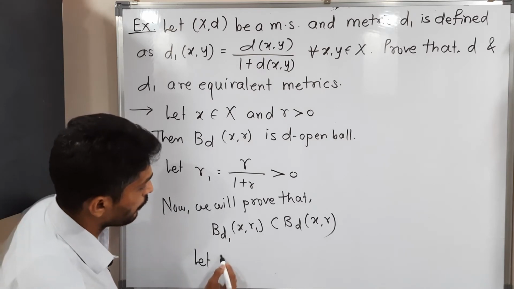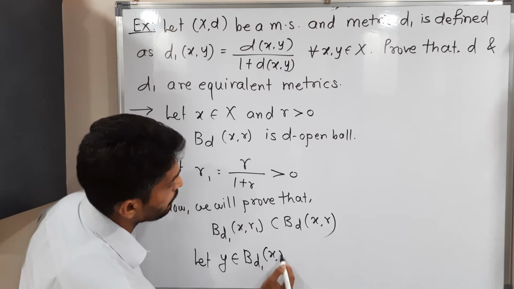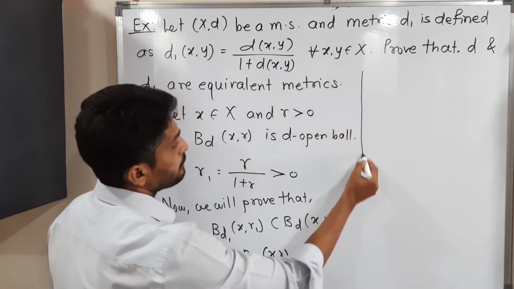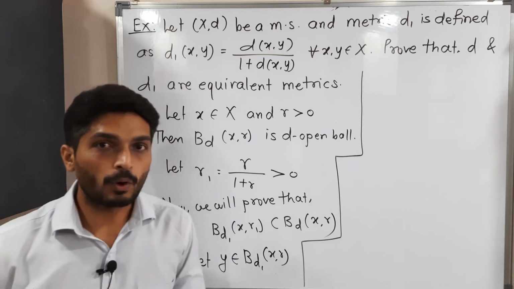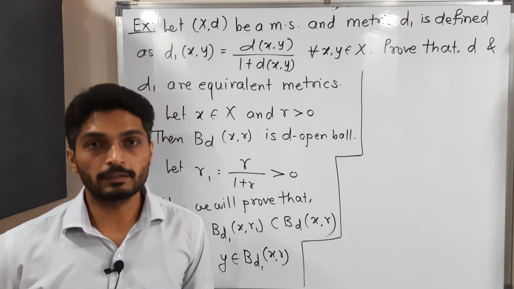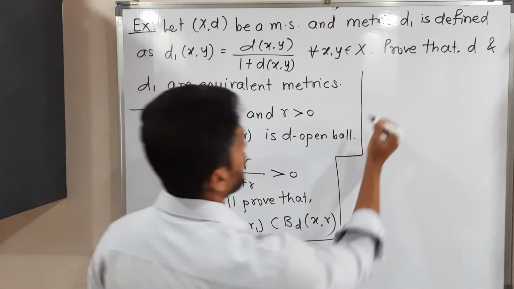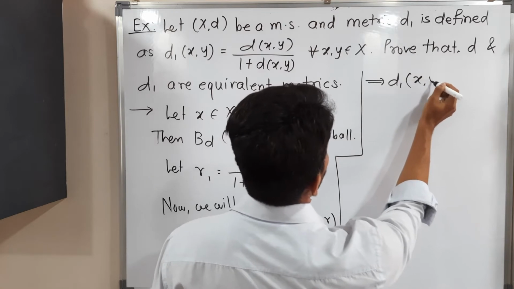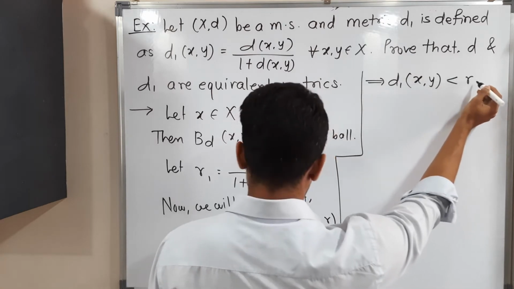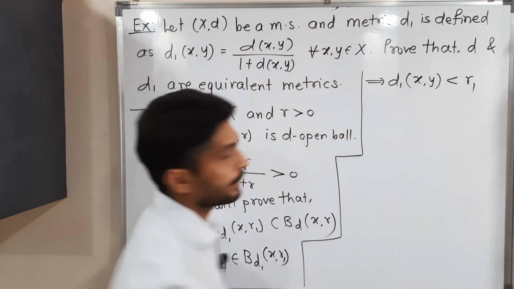Let y belong to this d1 open ball. This point lies in a ball, that means the distance of this point from the center of the ball is less than its radius. So therefore d1(x, y) is less than r1.